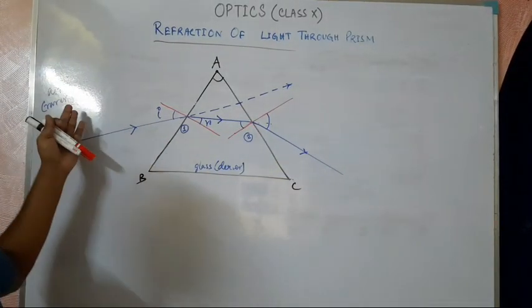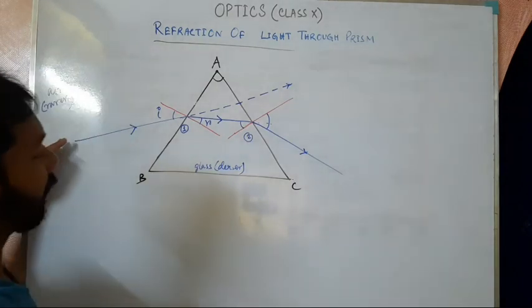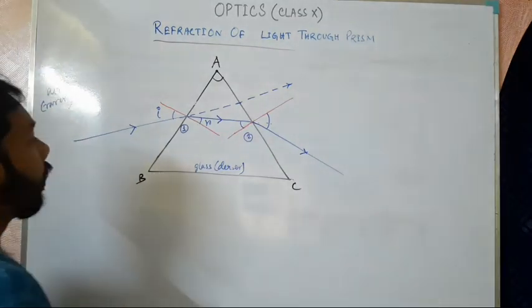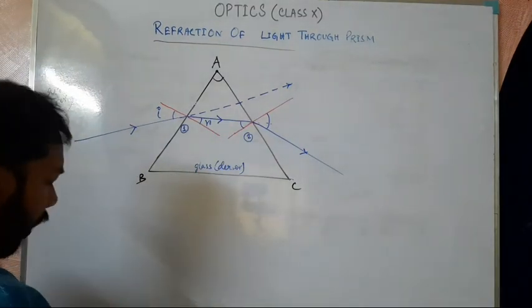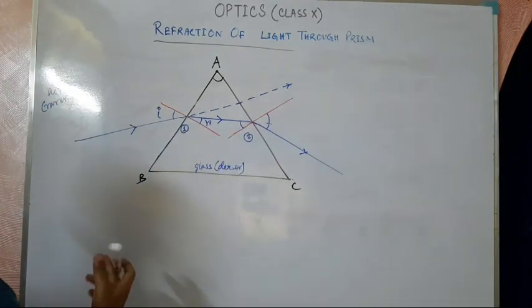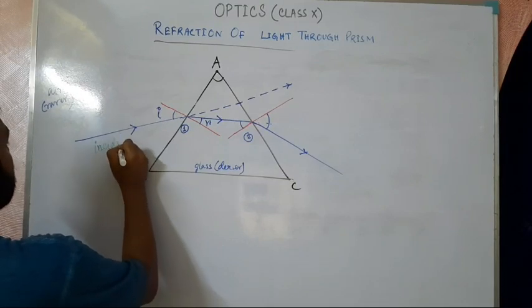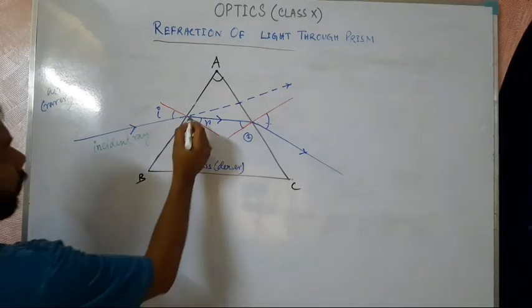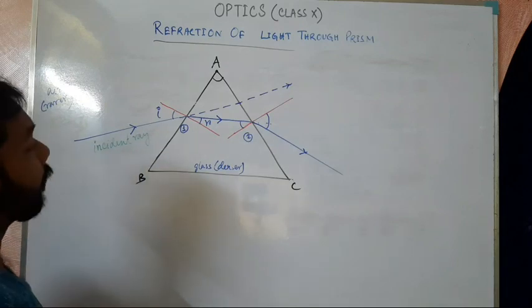That is what we have written in the previous sprint, that whenever monochromatic light enters the prism, it will bend towards the base. Now see, there are certain names for these rays. I can write the names of these rays. This is called the incident ray. What is the ray in the intermediate part of the prism?